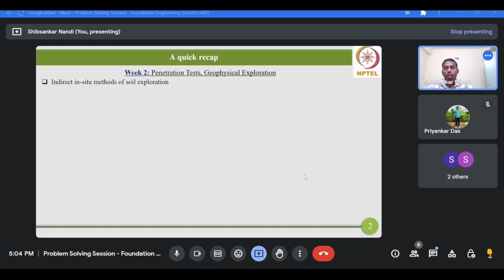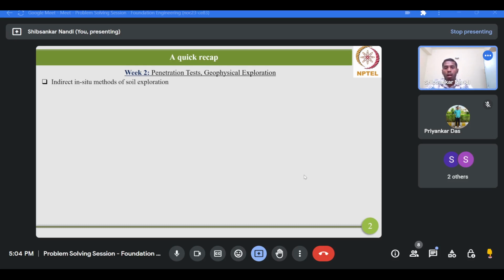Under direct methods we have seen the example of open test pit. Then for semi-direct methods, different types of borings, wash boring, percussion drilling, rotary drilling, and so on. And finally, under the indirect in situ methods, we just started the standard penetration test.